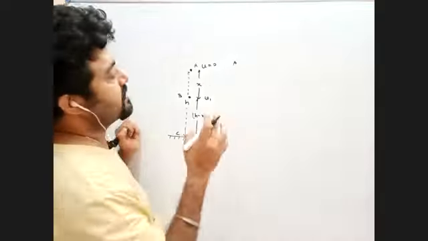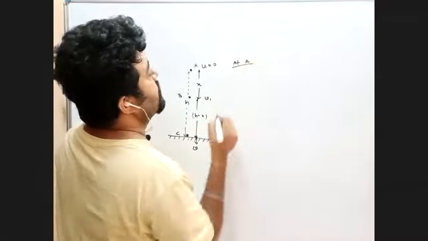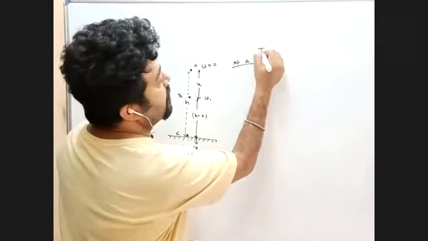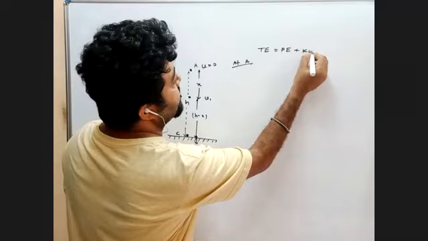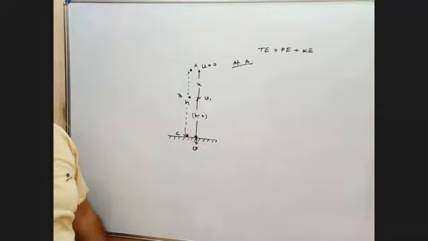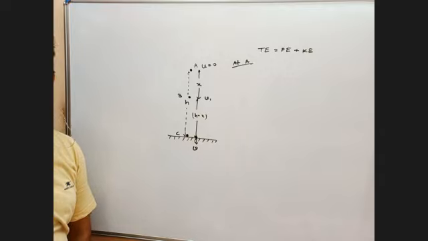So first consider point A. We know that total energy is the potential energy plus kinetic energy. Here the potential energy is the gravitational potential energy, and the kinetic energy is the kinetic energy due to gravitation.